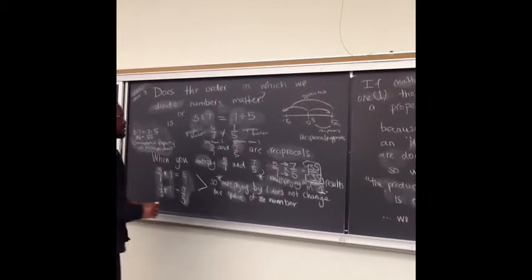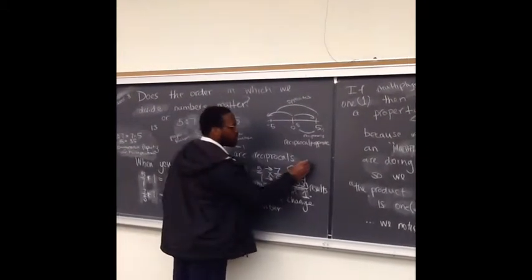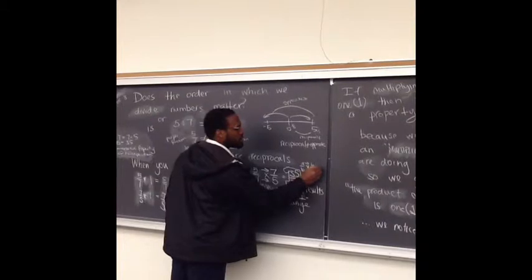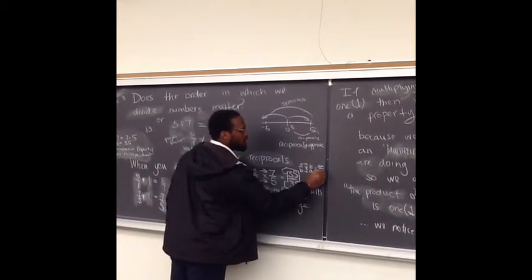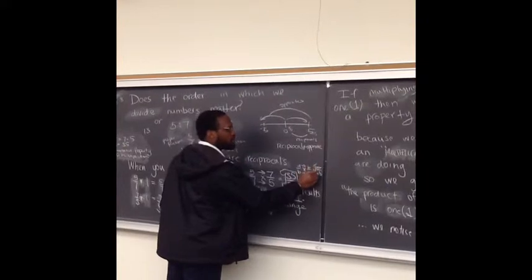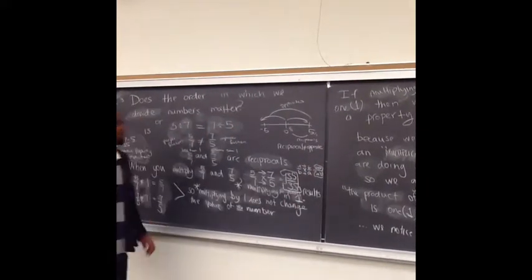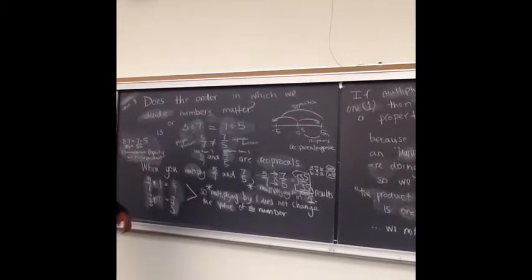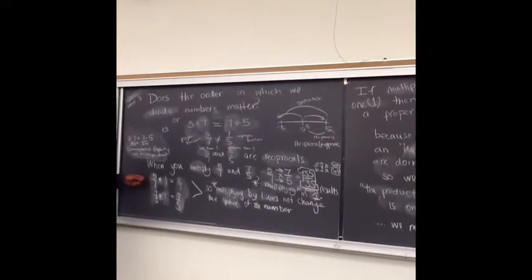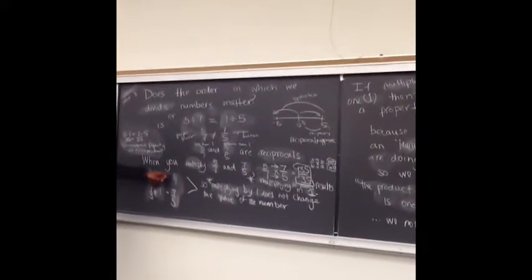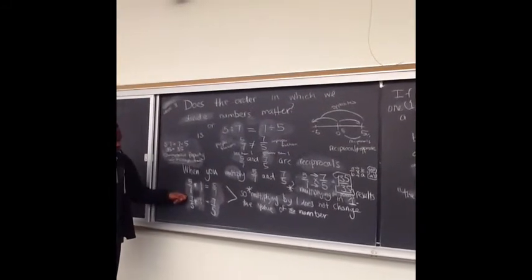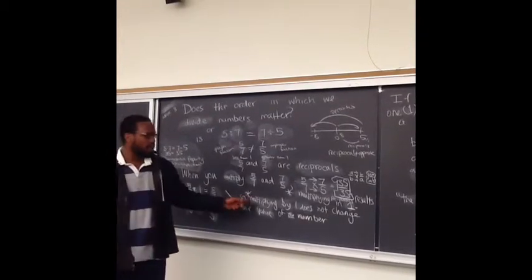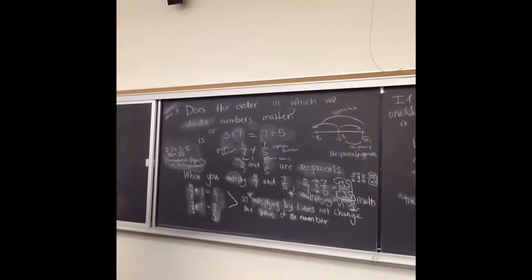If we go straight to the generalization, a over b times its reciprocal, b over a, is going to be ab over ab, because I want to write the numbers in order, which is also equal to 1. So our generalization is that when we multiply a number by its reciprocal, we get 1. Now, when we multiply by 1, 5 over 7 times 1 is still 5 over 7, and 7 over 5 times 1 is still 7 over 5. And so when we multiply a number by 1, it does not change the value of the number.